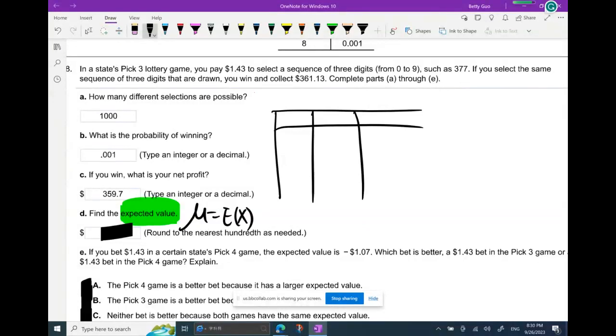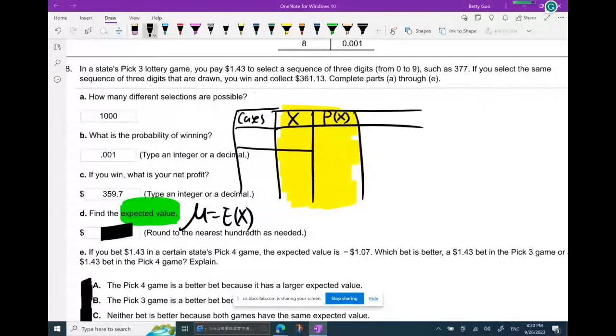You need to make the probability distribution table. I actually make a 4 column table, but only the 2 columns in the middle, the yellow ones, are the probability distribution table. The other 2 columns help us to organize. So I would label this as cases.